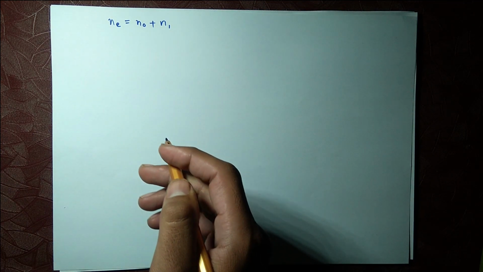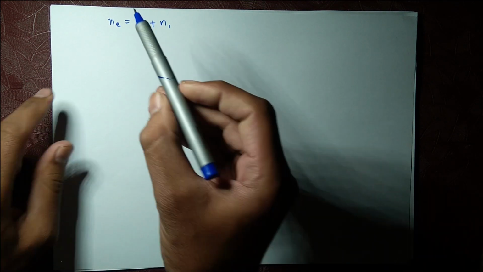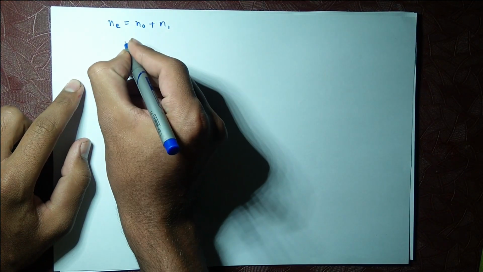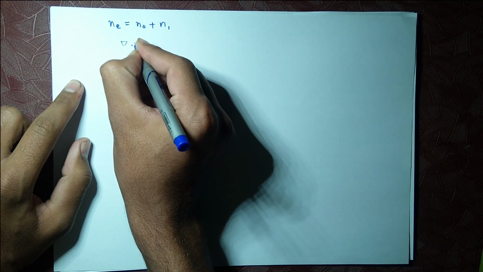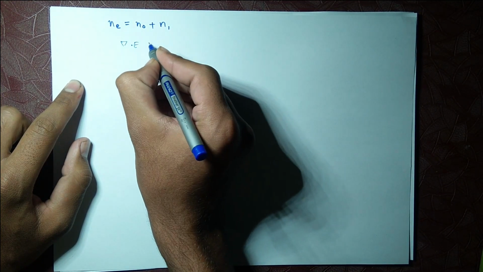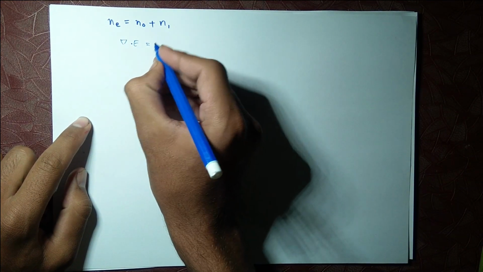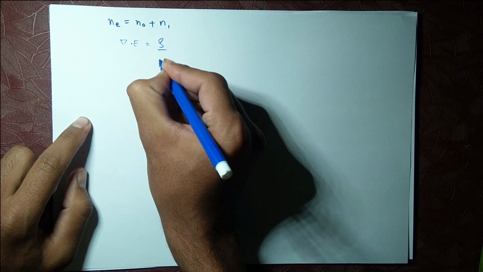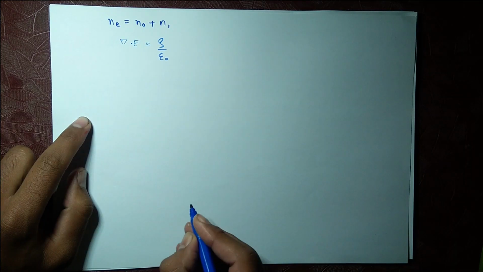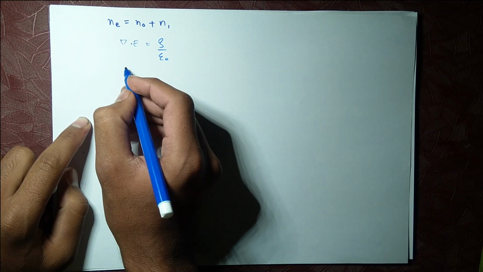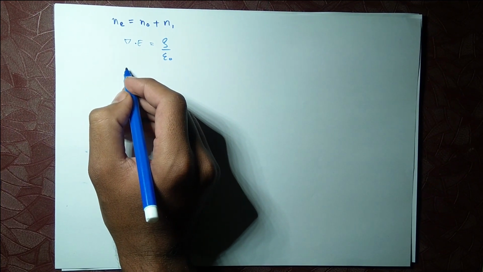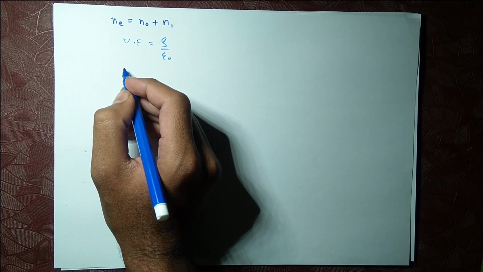Now we write Gauss's law. What is Gauss's law? Del dot E is equal to rho over epsilon naught. So now we have to calculate what rho is, the density for this plasma.